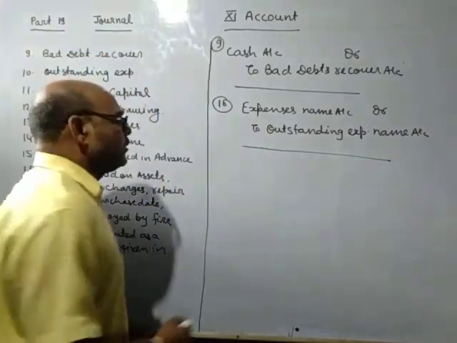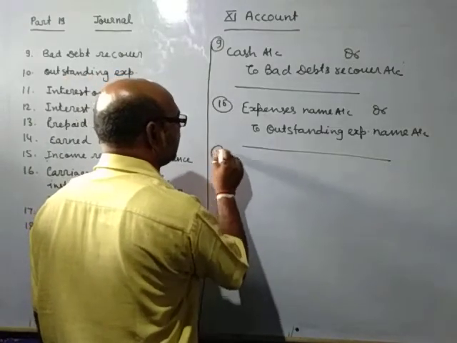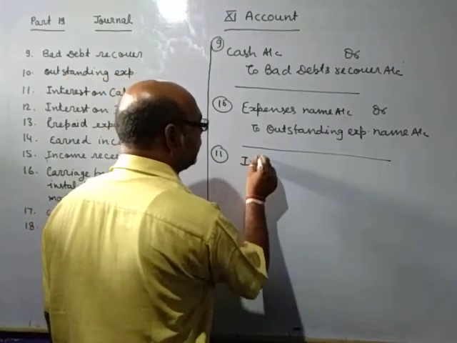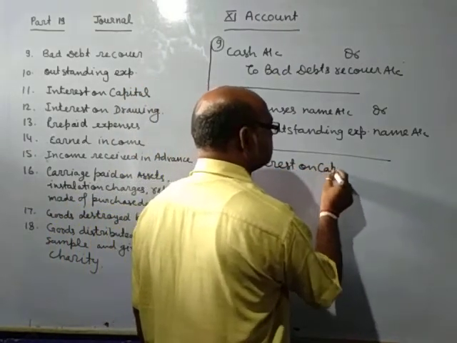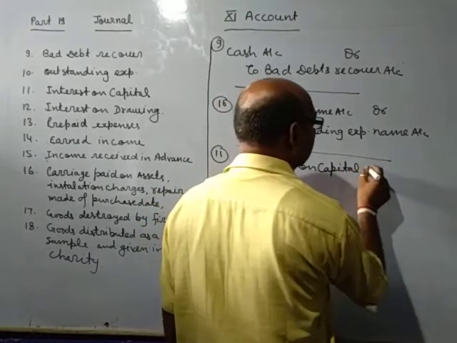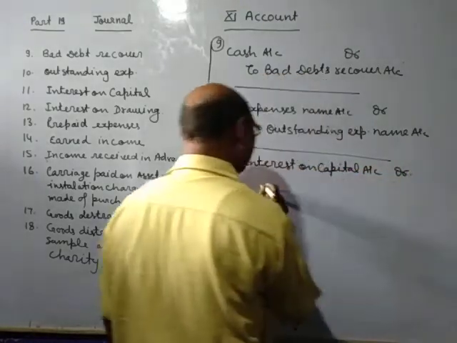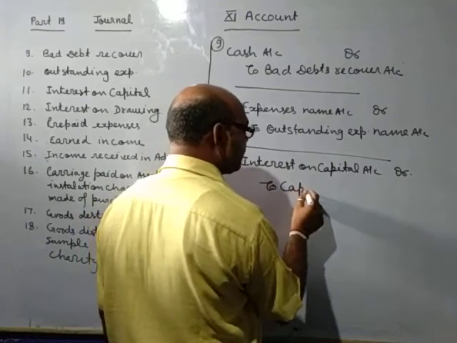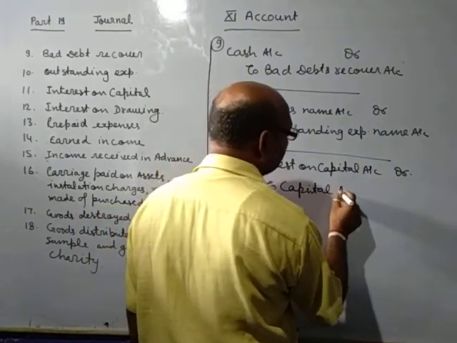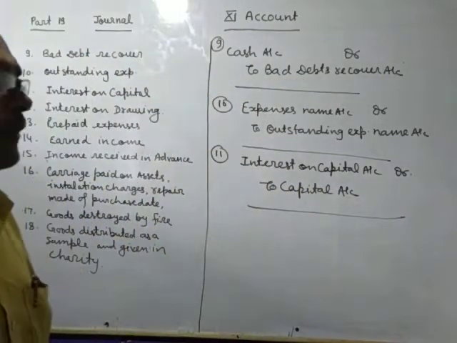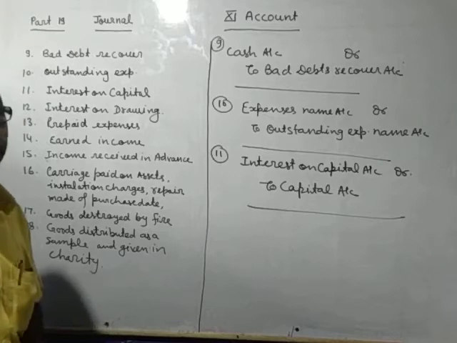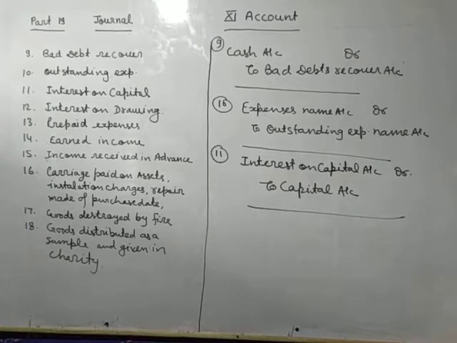For this, you will pass the entry: interest on capital account debit to capital account. Interest on capital is an expense for the firm, so it will be debit. And capital is always considered a liability, so it will be credit.